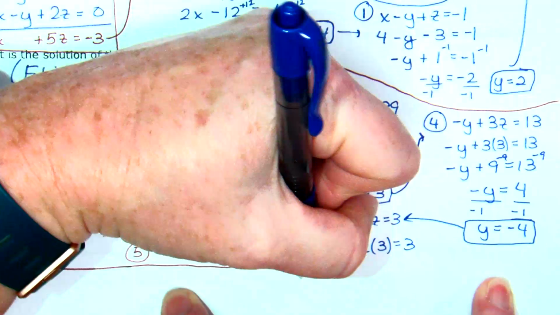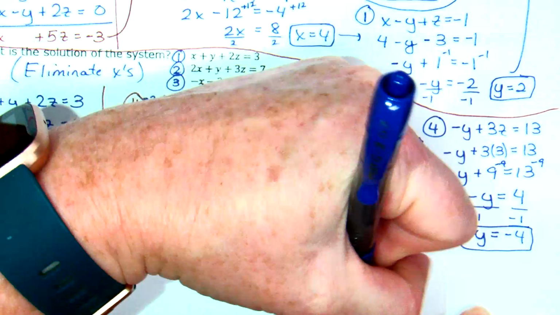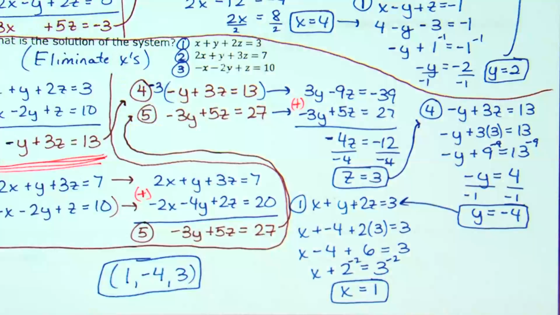So x minus 4 plus 6 equals 3. Like terms, minus 4 plus 6 becomes x plus 2 equals 3. Subtract 2, and x is 1. Final ordered triple is going to be 1, negative 4, and 3.